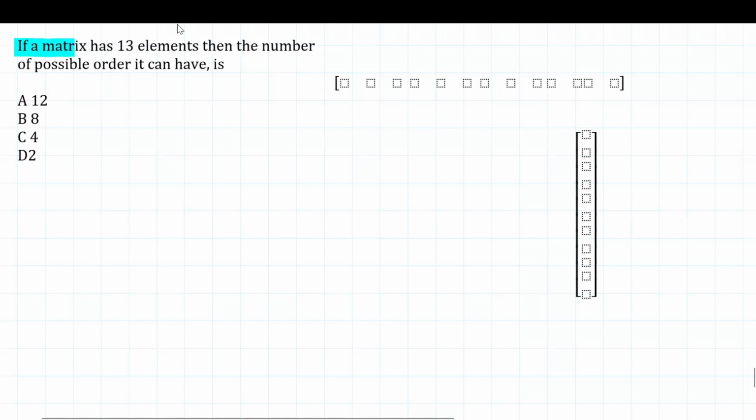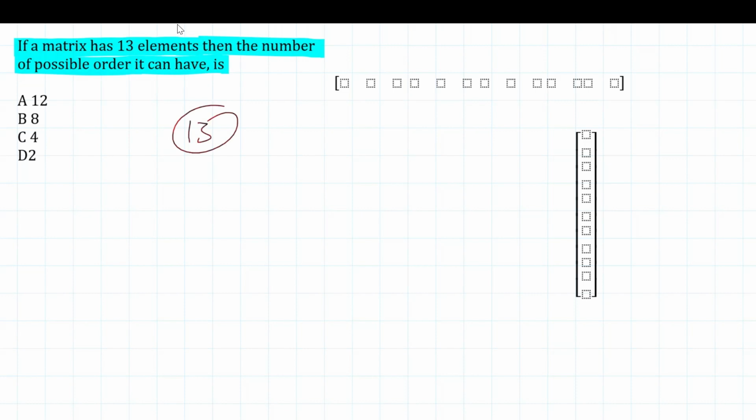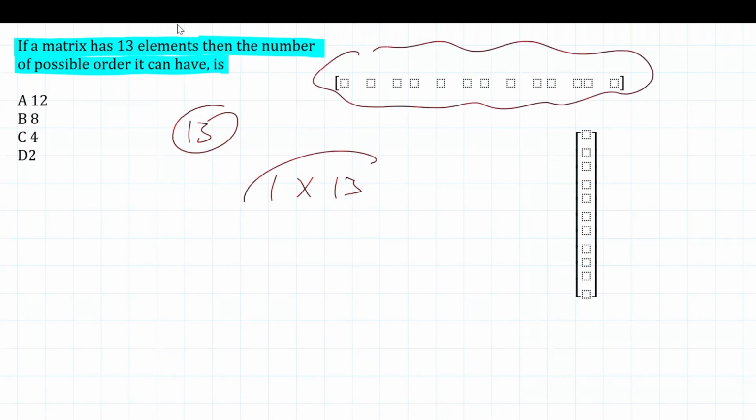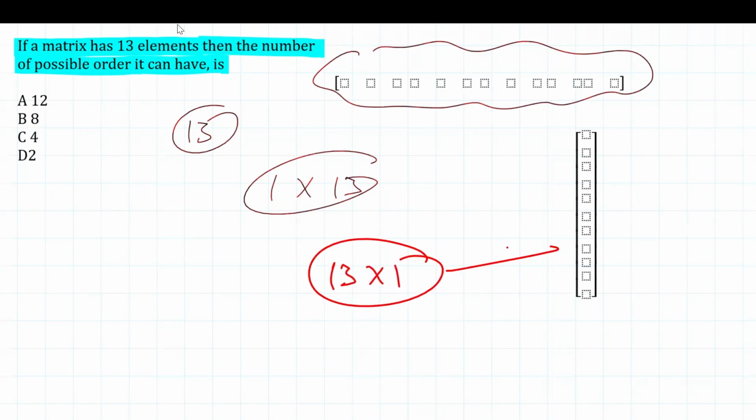And the next question says a matrix has 13 elements, then what is the number of possible orders it can have? So if I give you 13 elements and ask you to arrange them, number one, you can arrange them like this, keeping 1 row and 13 columns, as I have made here. And the second possibility is keeping 13 rows and one column, this one.